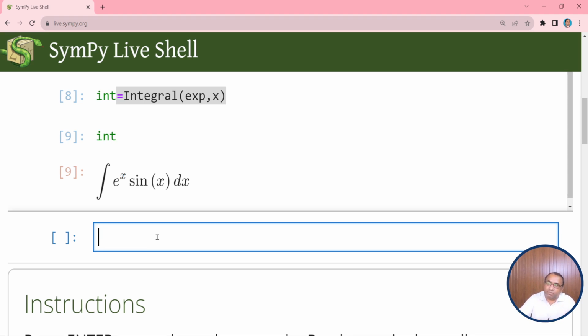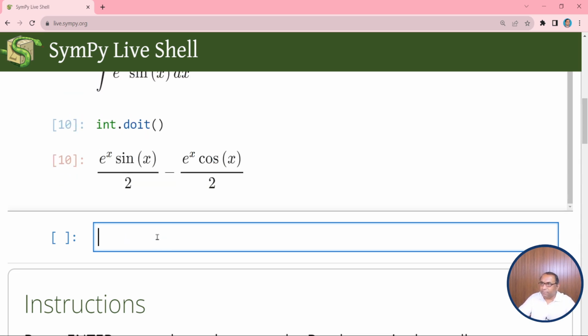If you want to simplify directly, then you will use the function integrate. There are two different ways. Further, if you want to simplify this integration, then you will use the int.doit function. This will simplify the above integration, and you have the corresponding result.